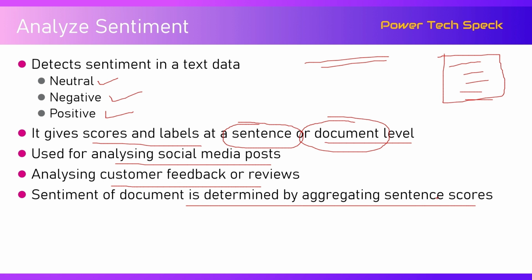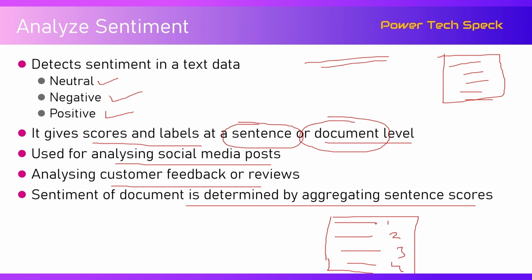So what does this mean? Take for example, you have a big document. Within the document there are various paragraphs or lines. There's the first line, a second line, a third line, and maybe a fourth line.